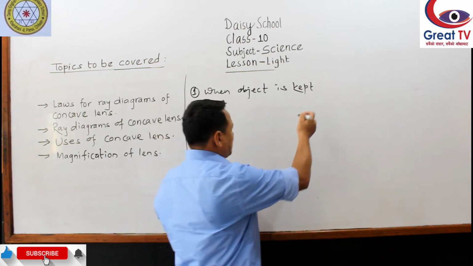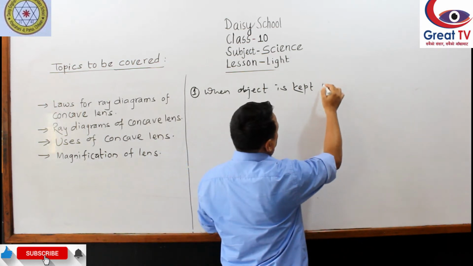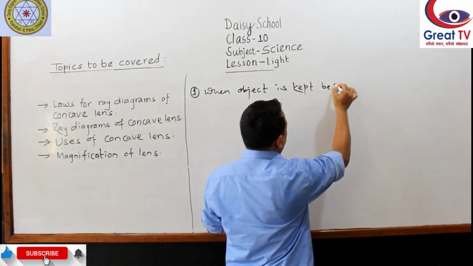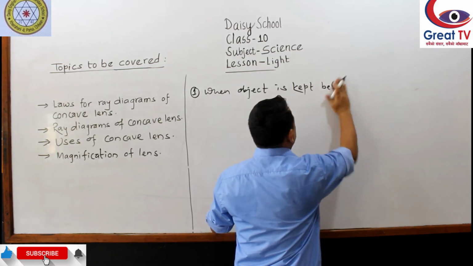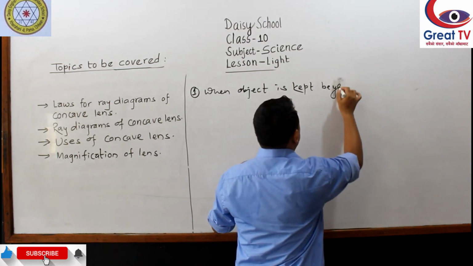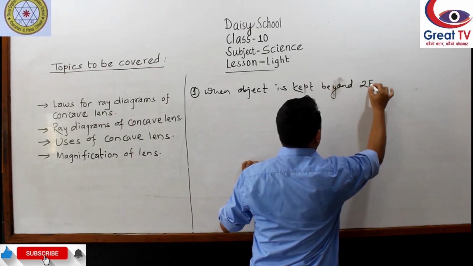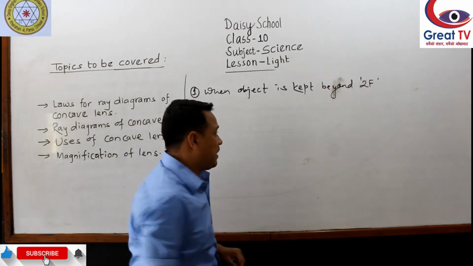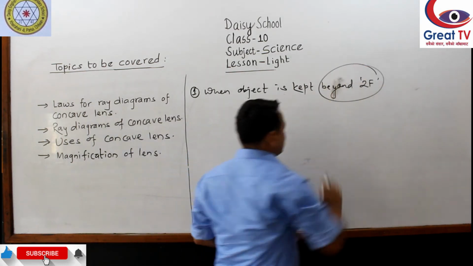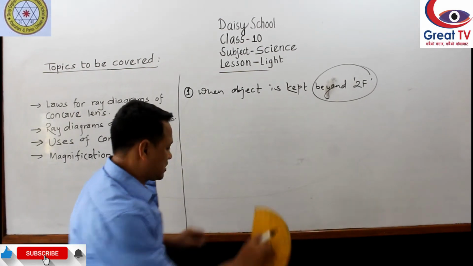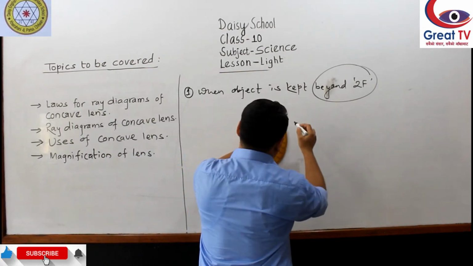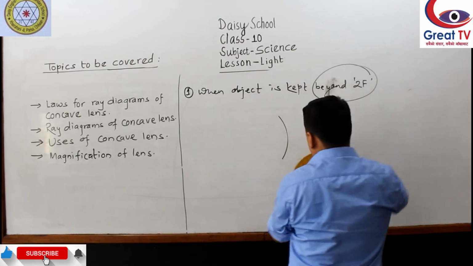So when the object is kept beyond 2F, but you can keep it anywhere. So let's draw the concave lens.